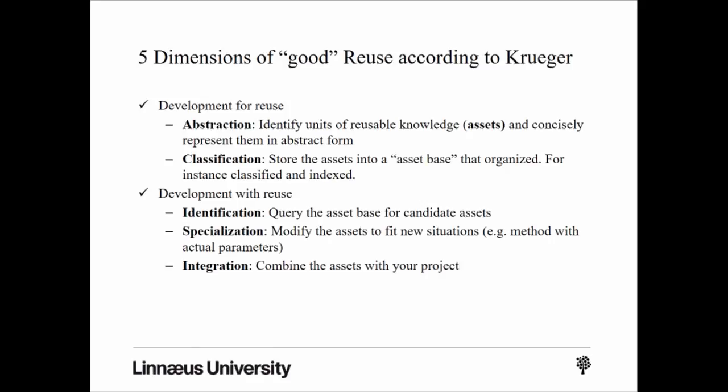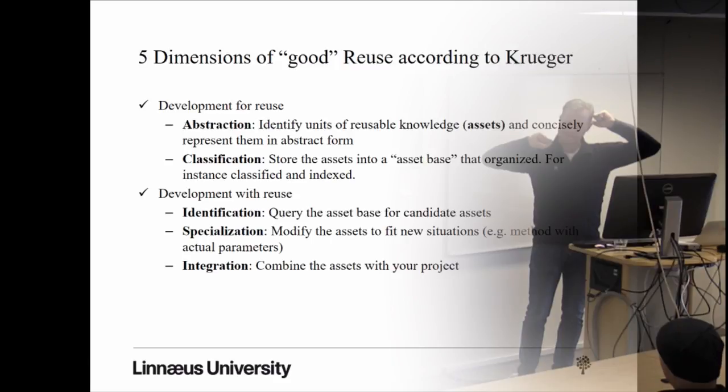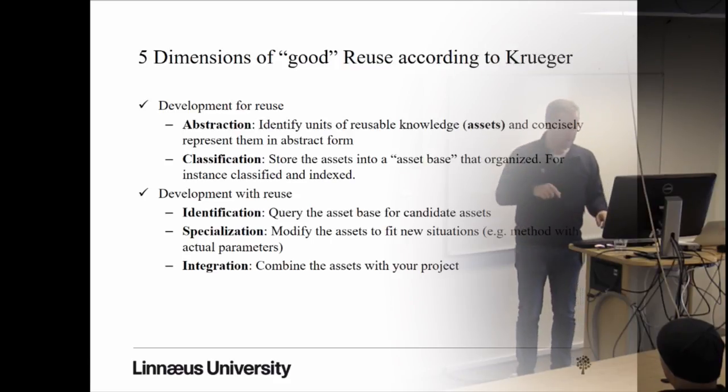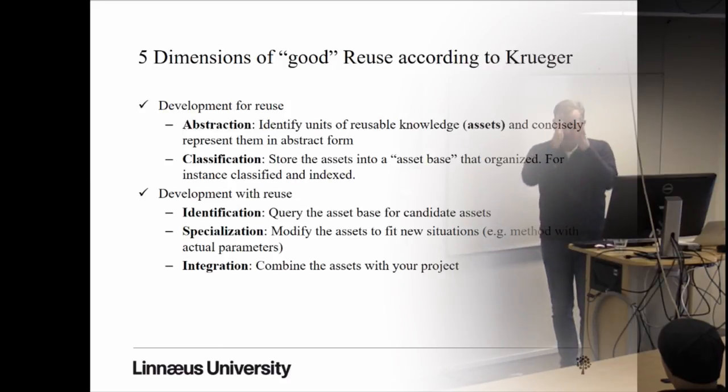So how should we do then if we don't know the context? Well, you can try to be very general, of course. The problem with being general is that there will not be too much to reuse, because you try to cover everything broadly. Okay, but the other side of things is then, of course, that you go vertical and you try to be very specific.